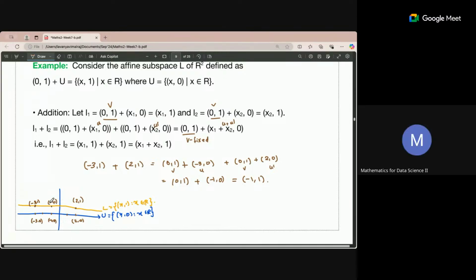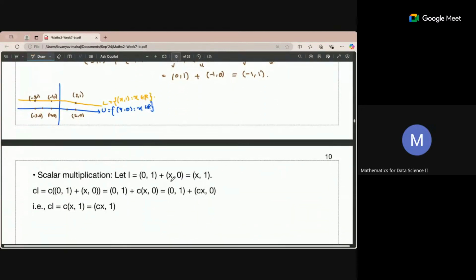Okay. So the same way we are doing scalar multiplication as well. If you take l, an element from L, then cl, you know that you are multiplying the c only to this U part. So for example, let l be (-1, 1). Now what is 2 times l?